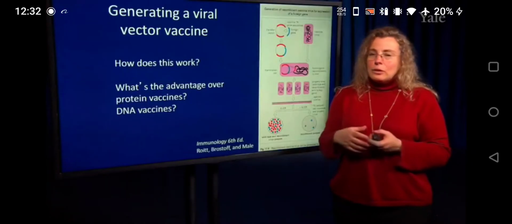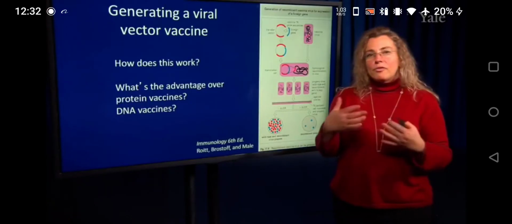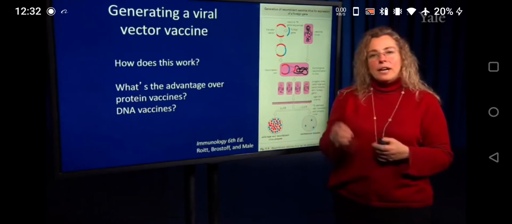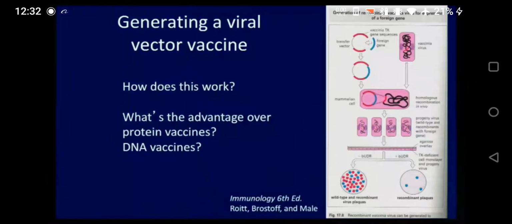In a similar way, you could go even farther with the DNA and actually generate a viral vector vaccine. So if you remember back to the beginning of the lecture, I talked about cowpox being used as a vaccine. So that's vaccinia virus. If you take vaccinia virus, which we know can infect people and generate strong memory responses to that particular virus, what if we put in a foreign gene from a different pathogen?